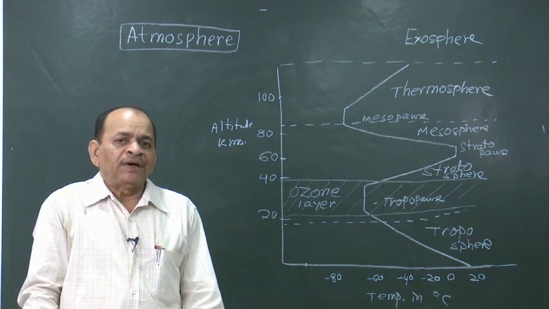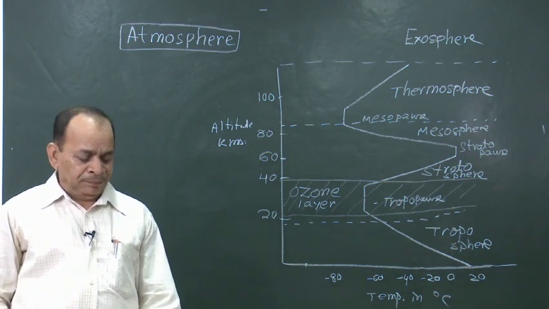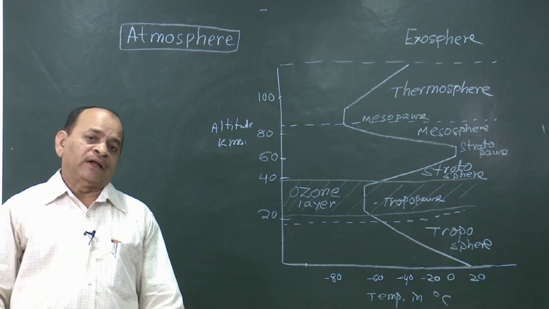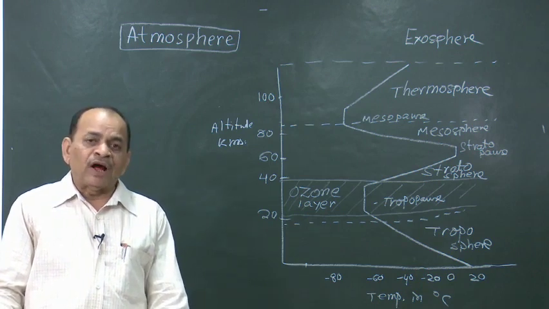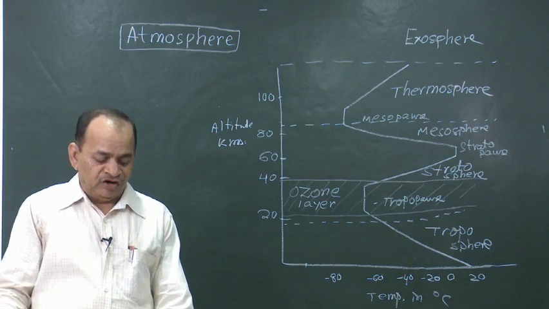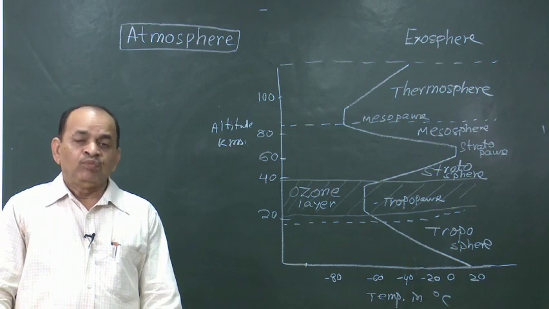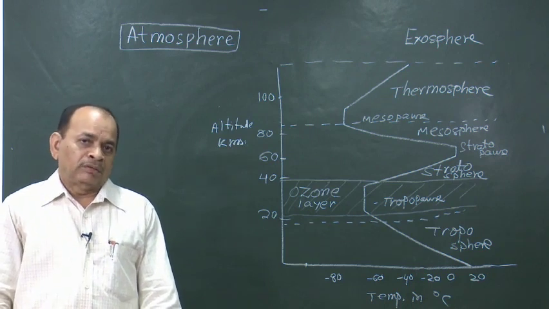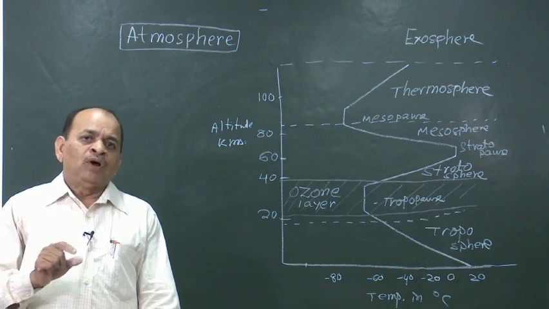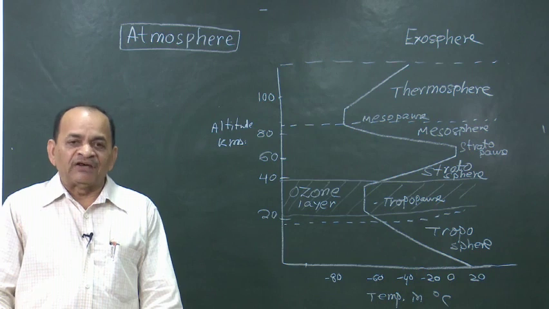Now the different layers we will discuss here. There are 5 concentric layers within the atmosphere, which can be differentiated on the basis of temperature and pressure. So the main criteria of division are temperature and pressure.